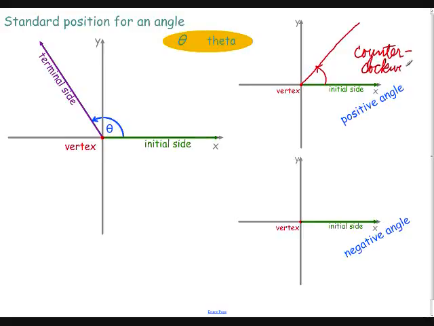That will be a positive angle. If I want to describe a negative angle, I move clockwise. I start at that initial side and move down. This will be a negative angle, and this is moving clockwise.